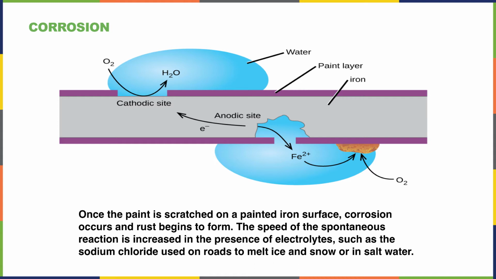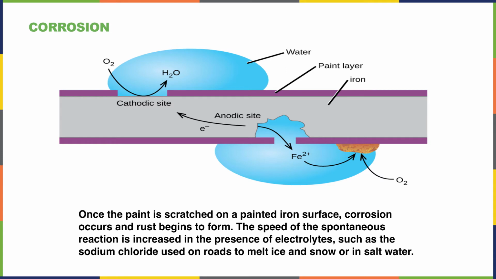What occurs at the reduction site is when there's water available and electrons can flow, the oxygen in the air is reduced to form water, and when those electrons move, iron goes from solid iron to iron 2+, and combines with oxygen to form the corrosion that you see.